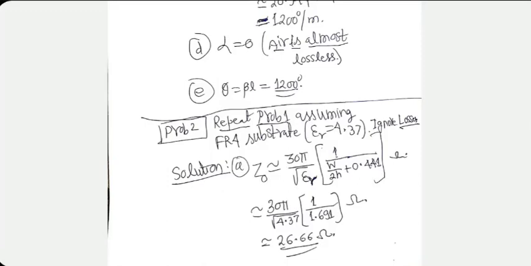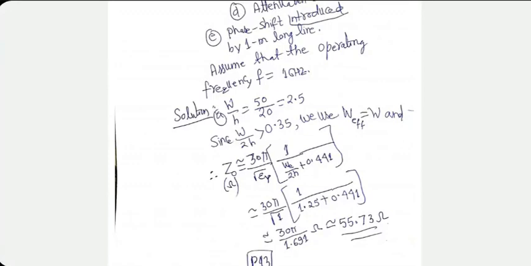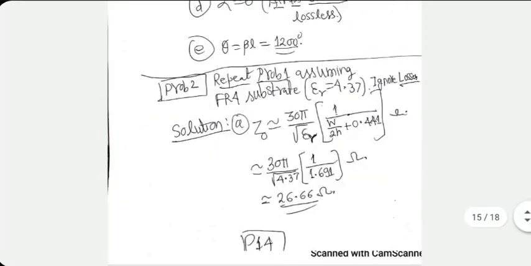But the fact that W by H is still greater than 0.35 remains. So the formula to use is the same one that we were using in problem 1. But now epsilon R will be different than 1. So I repeat the exercise.